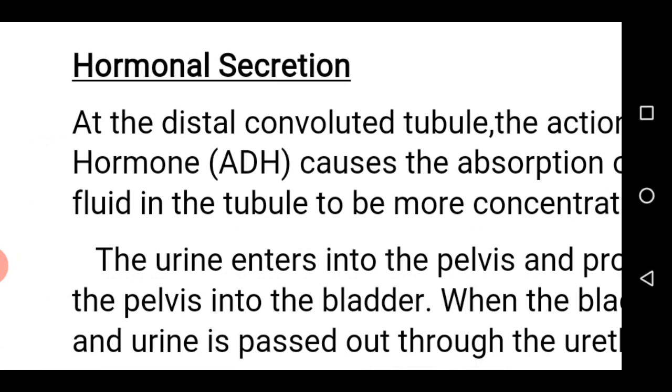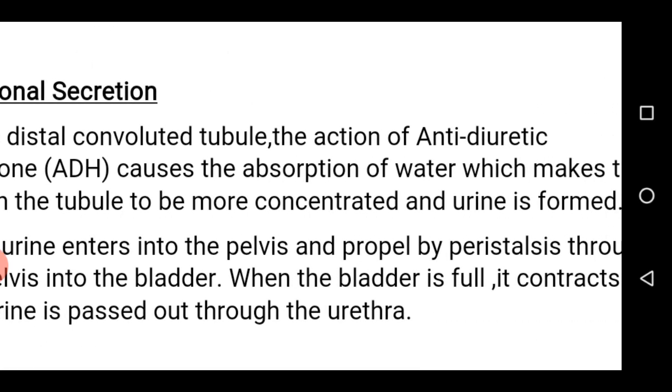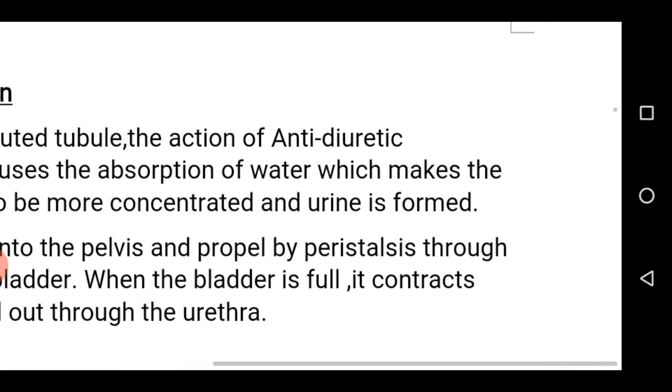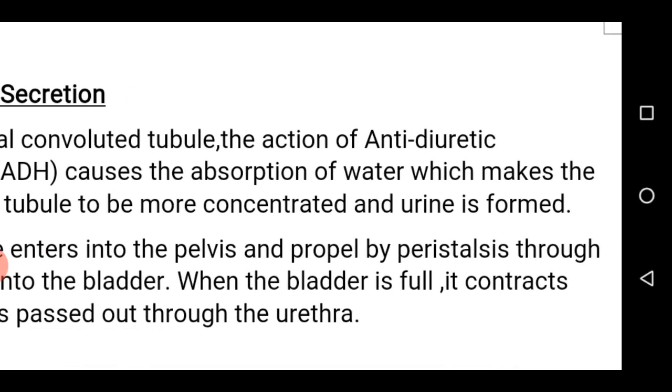antidiuretic hormone, ADH. The secretion of this hormone causes the reabsorption of water, which makes the fluid in the tubule more concentrated, and at that particular time a concentrated urine is formed. What am I saying? I mean that the antidiuretic hormone is secreted, which causes the reabsorption of water from the glomerular filtrate inside the tubule.